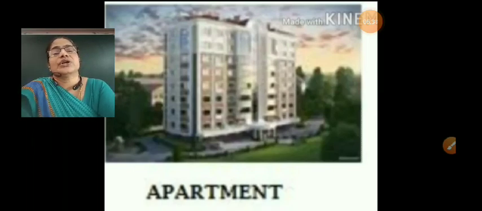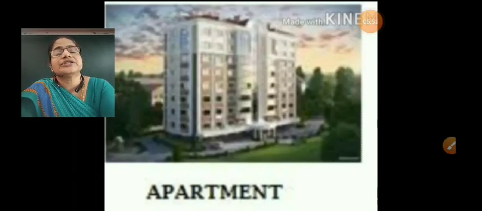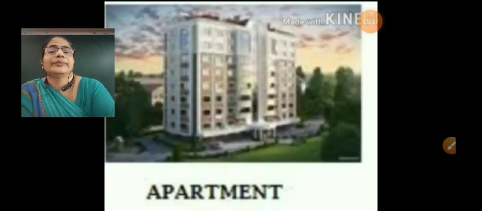These houses are called flats or apartments. Means here there are different houses staying. That is why it is called flats or apartments. They are built one on top of another.